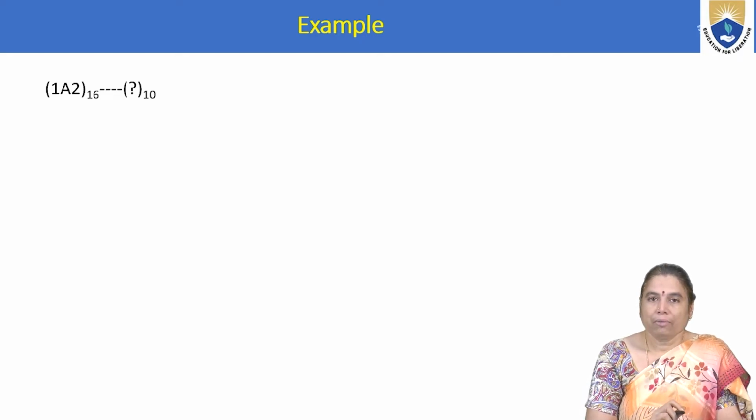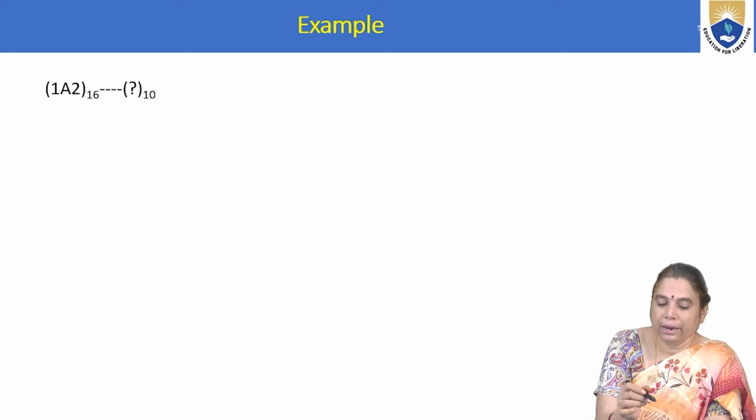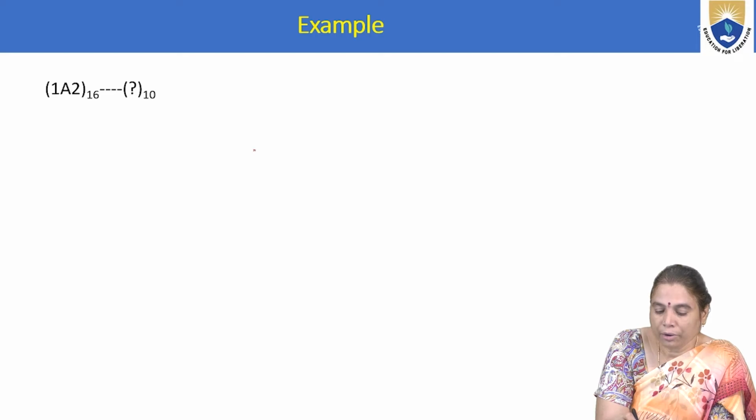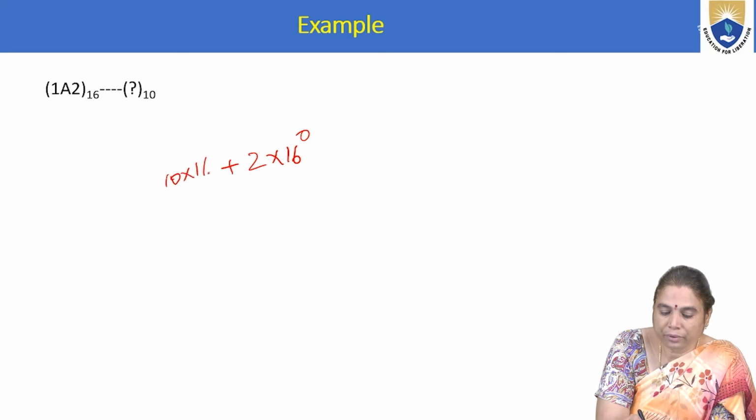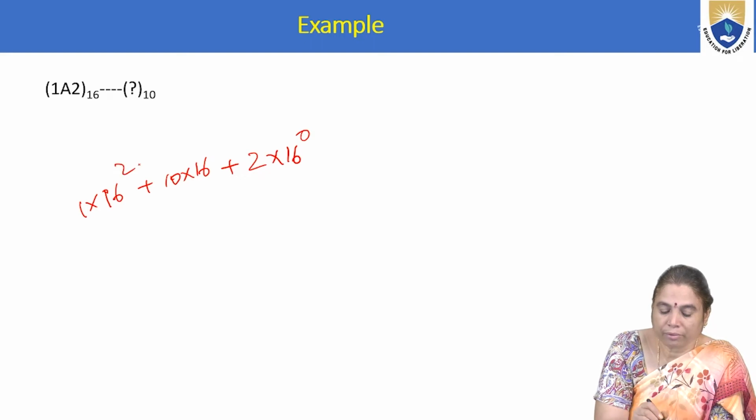Now consider one example, 1A2. So 2 into 16 power 0, plus A means 10 into 16, plus 1 into 16 square.